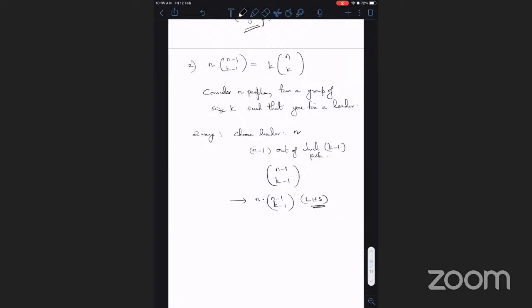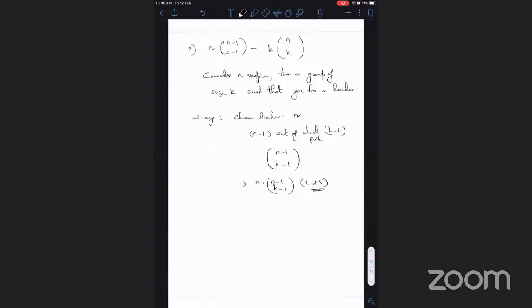All right. Is this clear? Why this is the LHS? Okay. So this is the LHS.